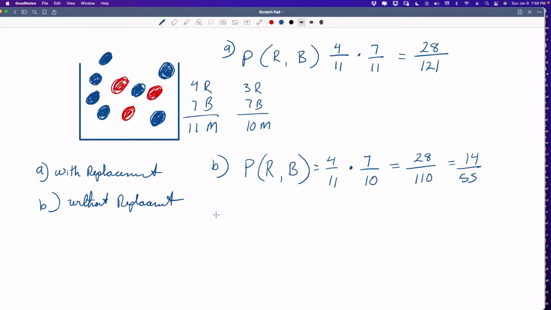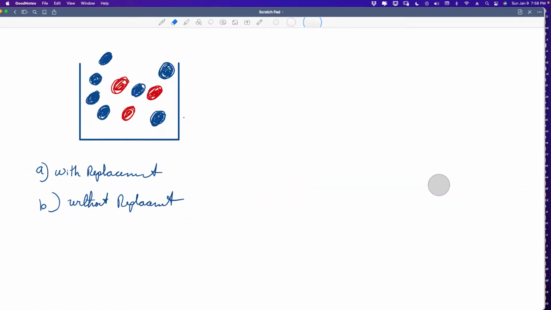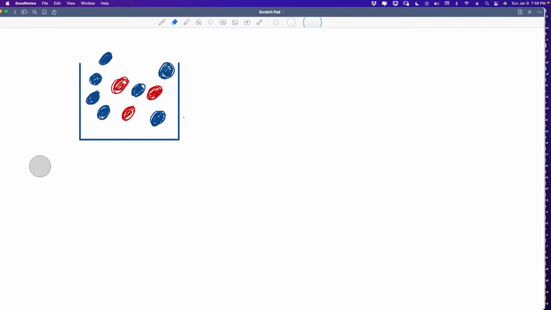So let's do one more using the same scenario. Only this time we're going to go for a longer probability. And let's do A with replacement, and B is without replacement.